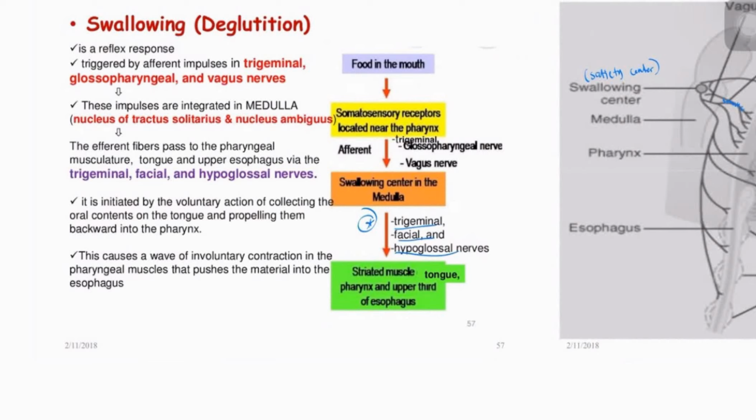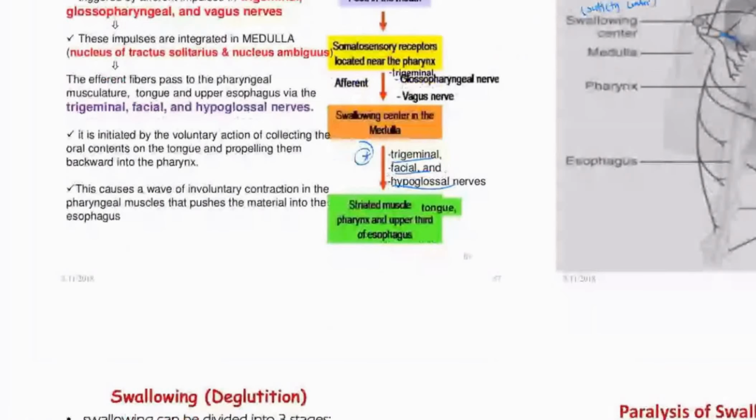The efferent fibers pass to the pharyngeal musculature, tongue, and upper esophagus via your trigeminal, facial, and hypoglossal nerve.